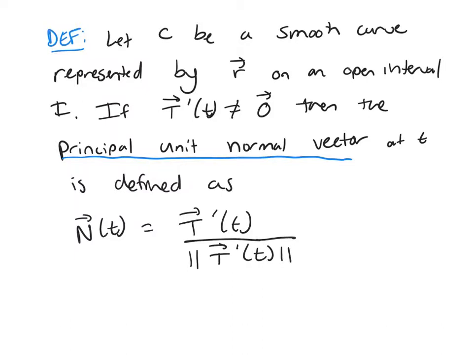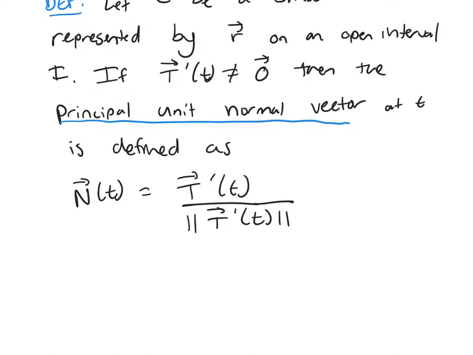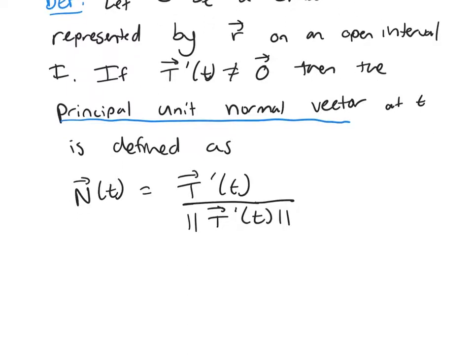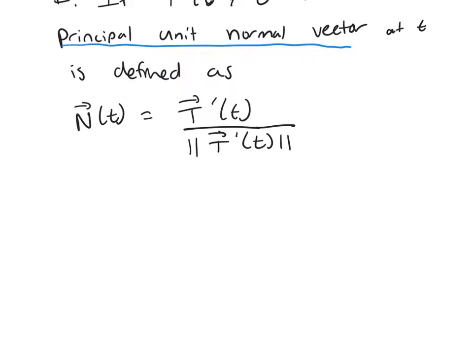I can tell based on this formula that this vector N is a unit vector. And we use the phrase normal here because remember that this T prime, we said it's orthogonal to T, so you can think about orthogonal and normal here. So let's look at an example where we find this vector.